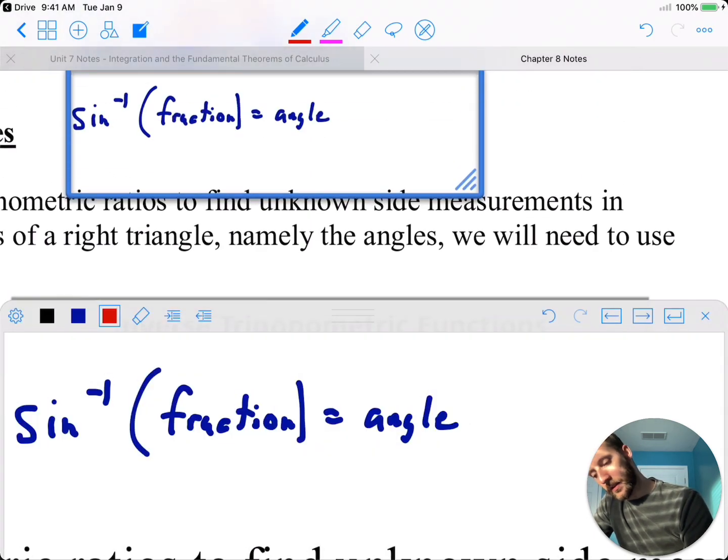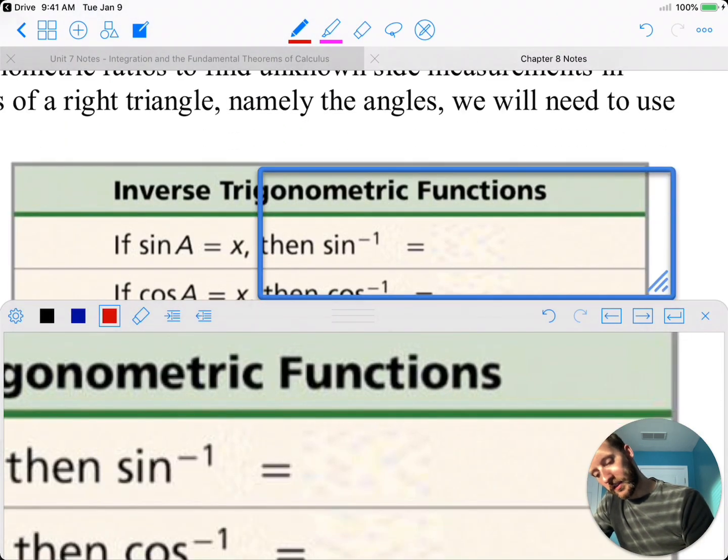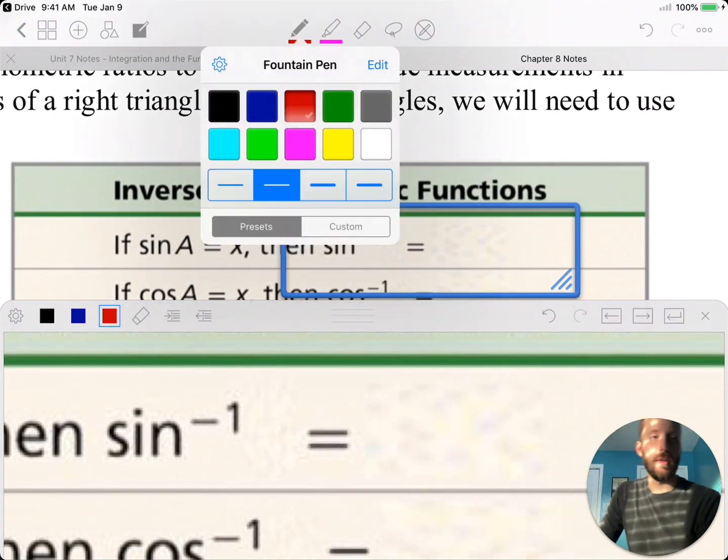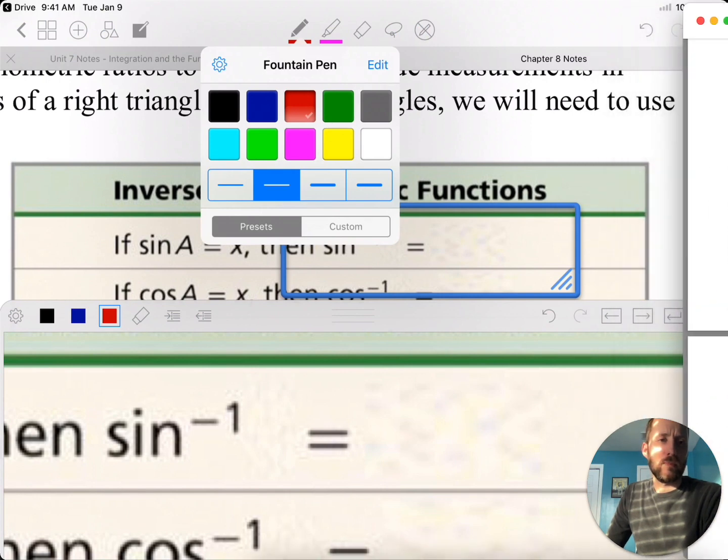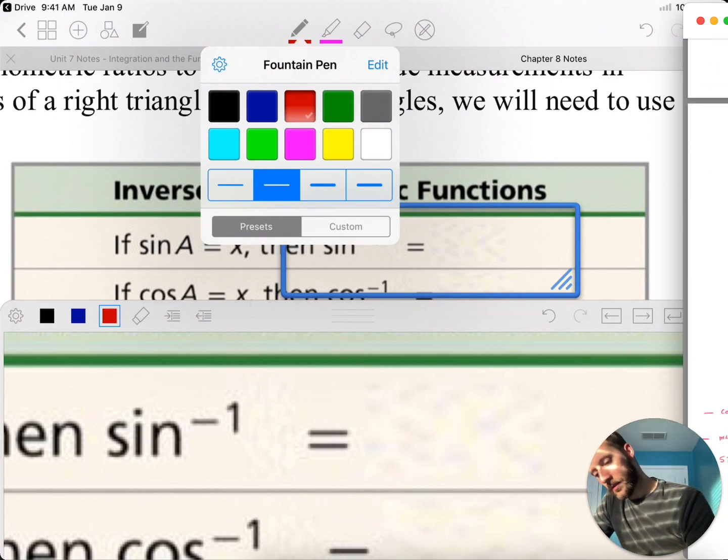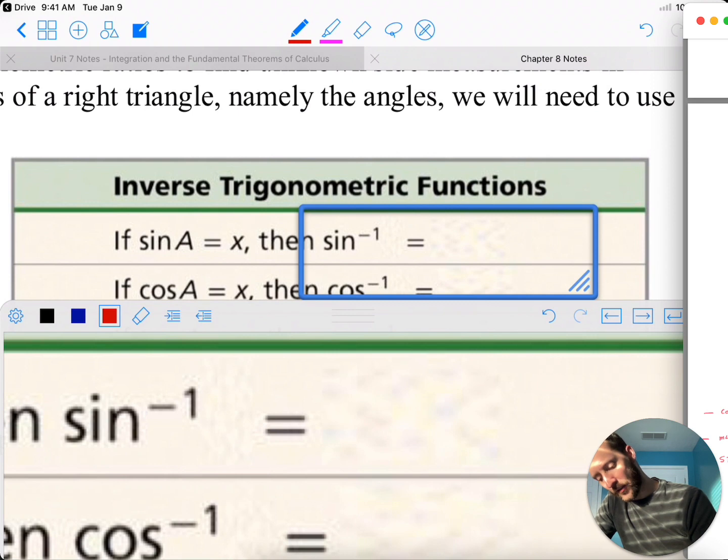Let me zoom in a little, make it better for myself. So swapping inputs and outputs, inverse sine of x would give you the measure of angle A.